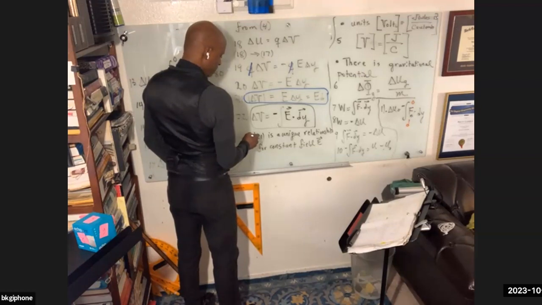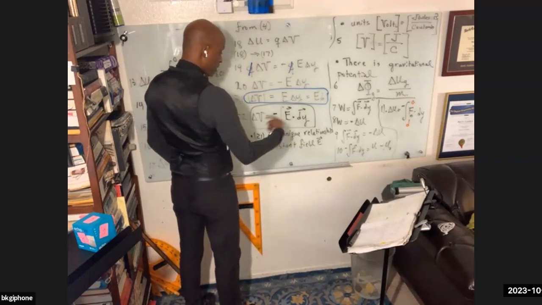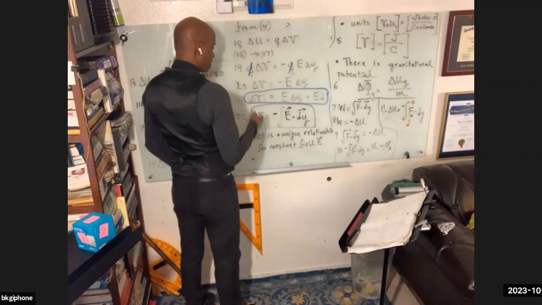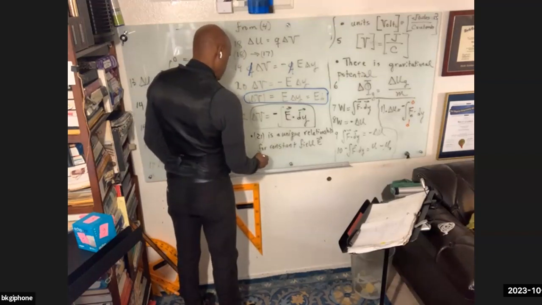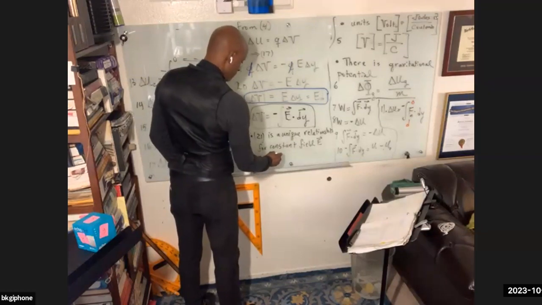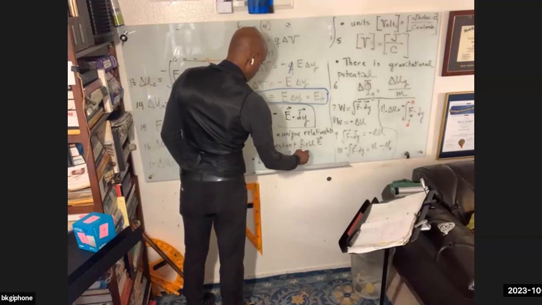In general, the relationship is going to be defined by this integral, which you have to work out. If the electric field is not constant, you have to work out the integral. So in general, equation 22 applies.